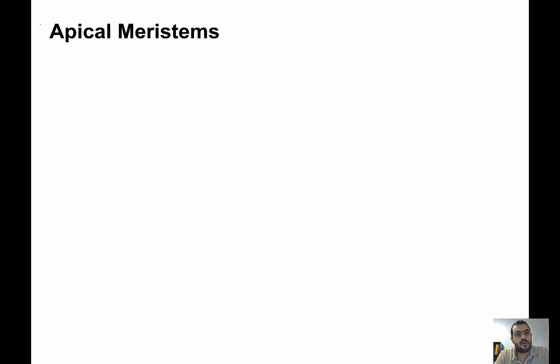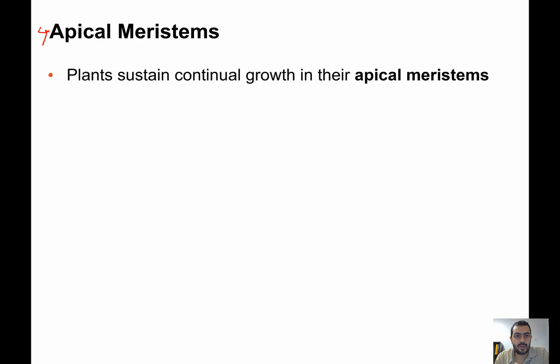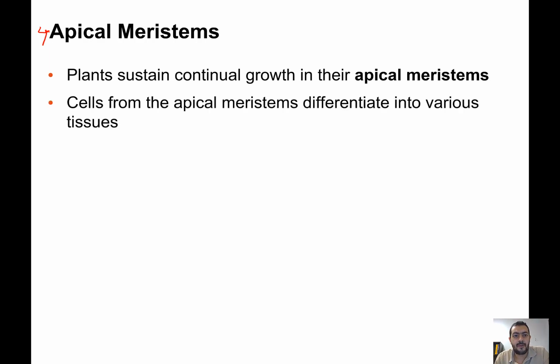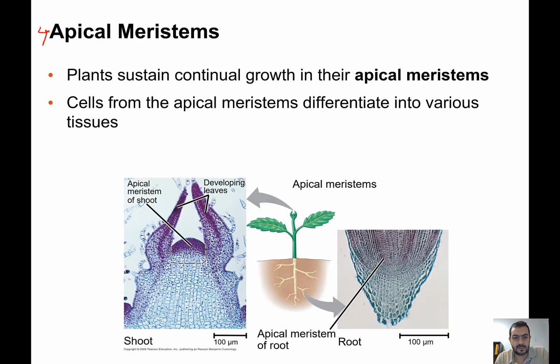The fourth derived trait is the presence of apical meristems. So land plants have apical meristems, which are not seen in the ancestor algae. So what is apical meristem? They are areas that allow continual growth for the plant, and the cells in the apical meristem differentiate into various tissues.